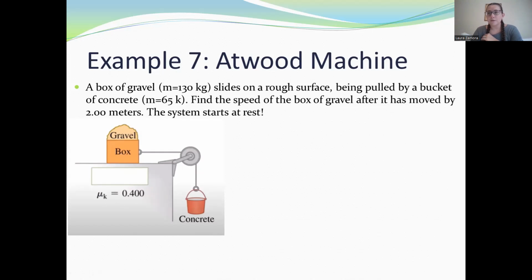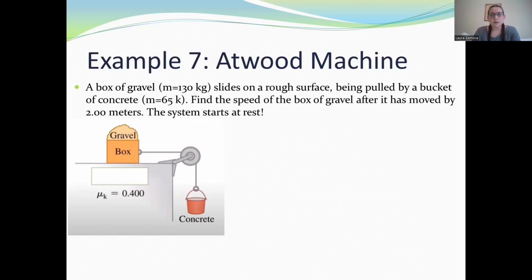In Physics 1, since I've been a GSA or teaching assistant for Physics 1 lab, I can tell you that we do have Atwood machine experiments that you do in Physics 1 lab. So this is a type of problem that you will see again for sure.